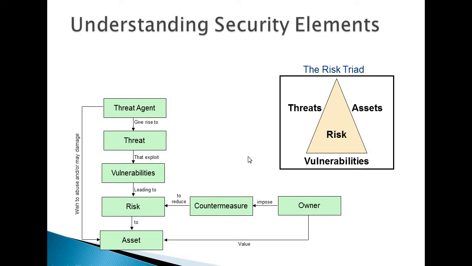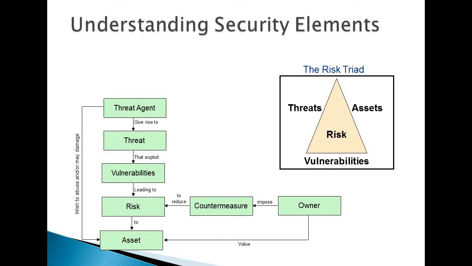Let us understand the security elements. The main components of the risk triad are threats, assets, and vulnerabilities. Below is a flowchart which clearly explains the causes of risk. If you see, you have an owner who has a lot of value for his asset.